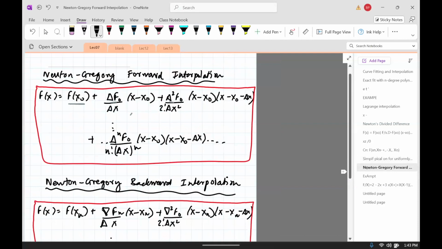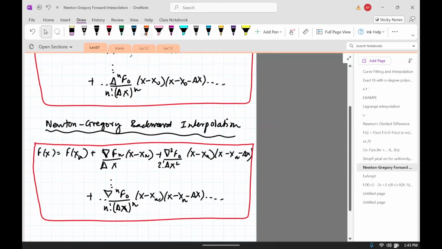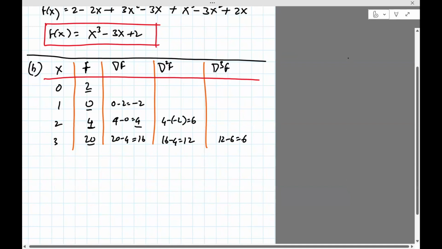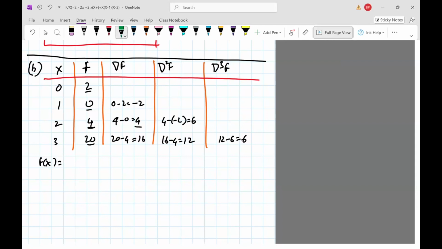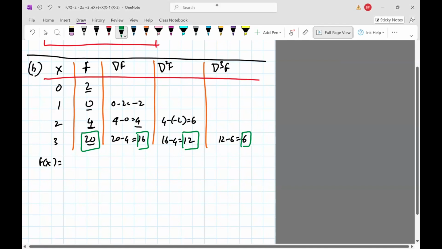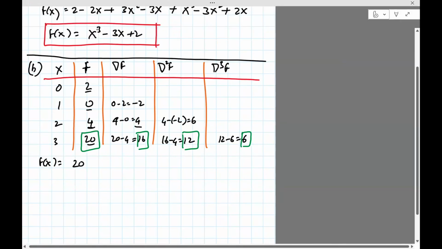If you go back here, you'll see that this formula will use the last value, xn, everywhere, right? So we need to start with the bottom value. So let's go here and choose the bottom value. So f of x would be, we need to use this, this, this, and this. So first is f of xn.